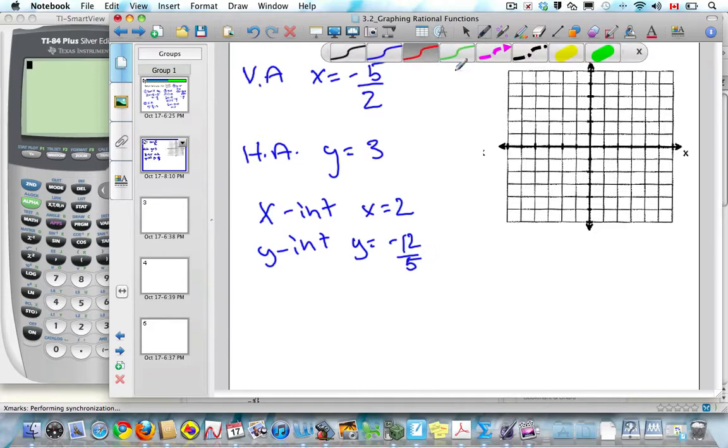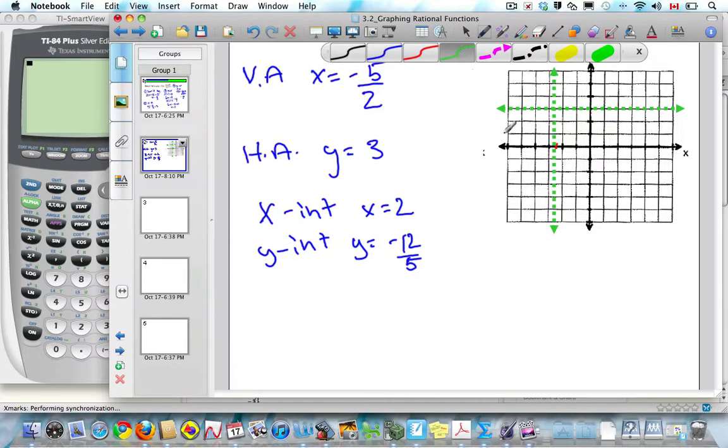And now it's just a matter of putting this information on. My vertical asymptote here is negative 5 over 2. I can do this with a dotted line. Let's see if I can figure this out. I'm going to go down here, about there. My horizontal asymptote is around 3.